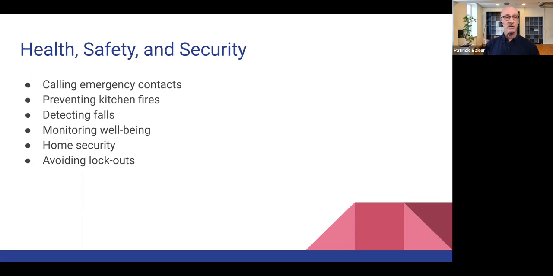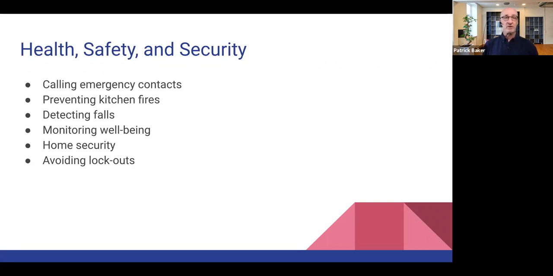Fortunately, he wasn't seriously injured, but he asked his Amazon Echo to call my wife's brother so that he could get the care that he needed after a fall. So calling your emergency contacts through a smart speaker or a smart display, that's one thing that these devices can do well.